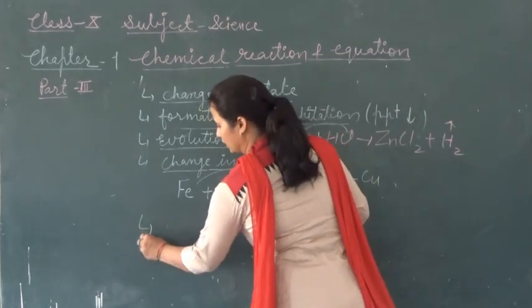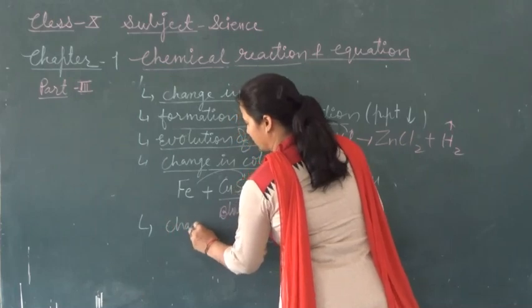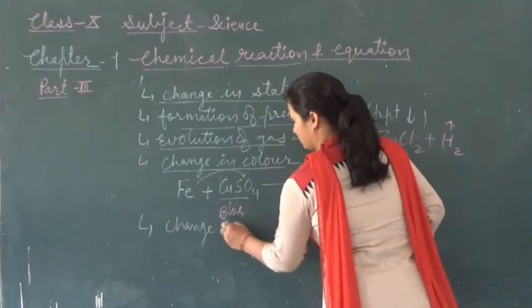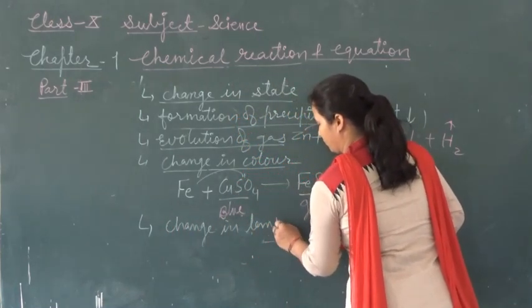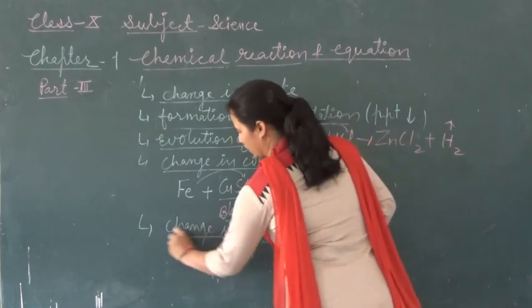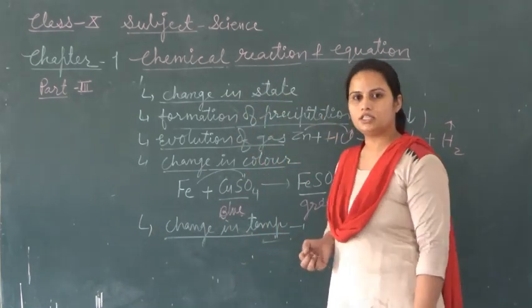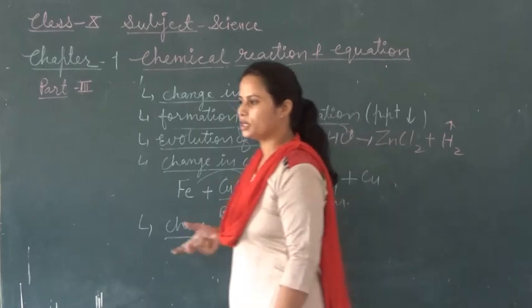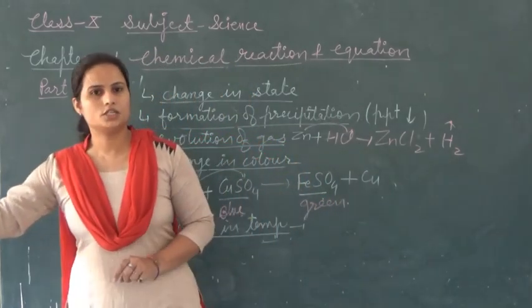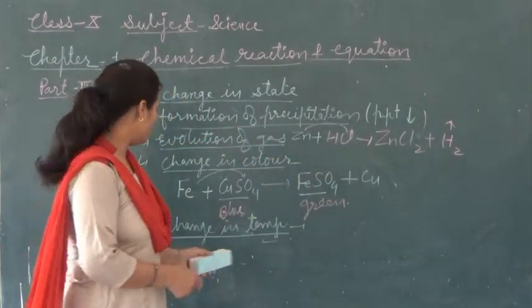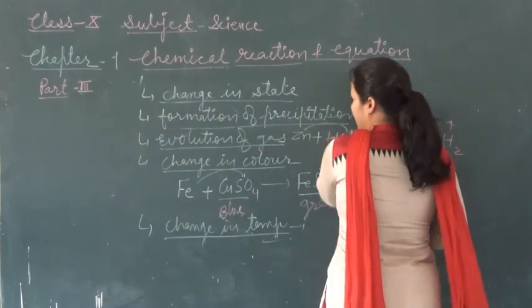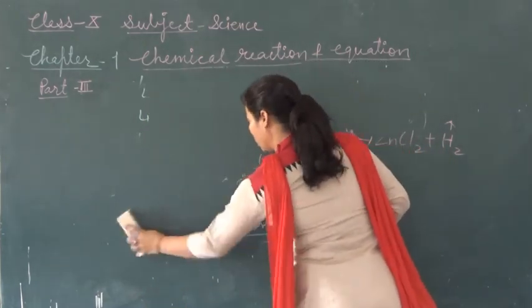Now another one is change in temperature. During a chemical reaction, there is also a change in temperature. Some chemical reactions require high temperature, some require low temperature. On this basis, the change in temperature is classified in two types.